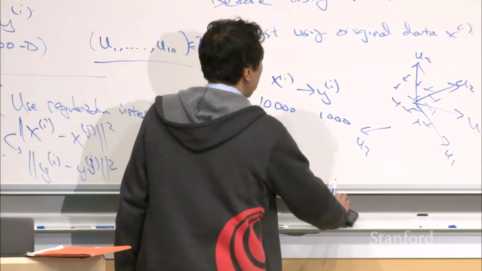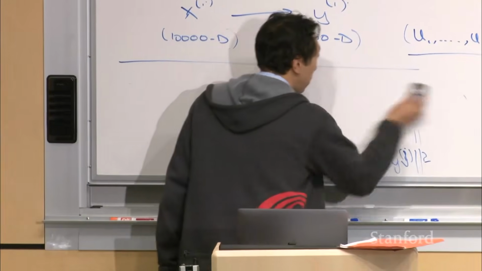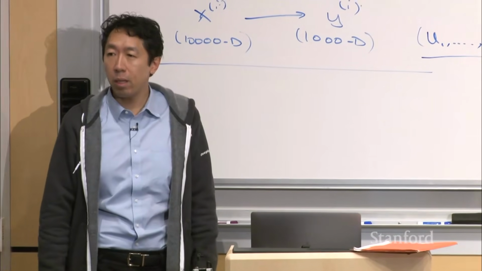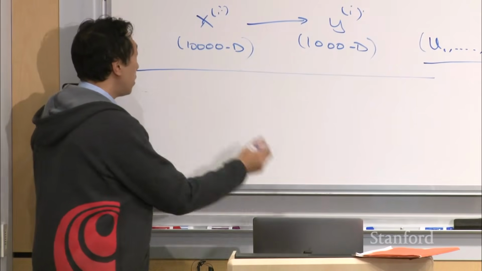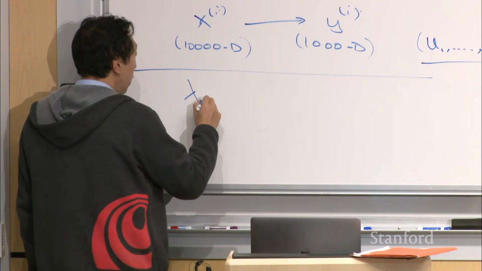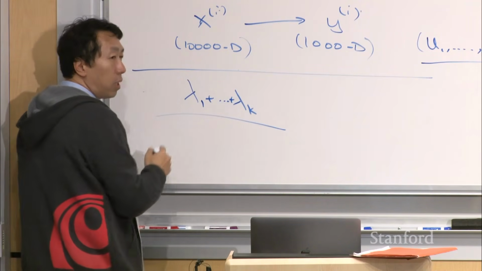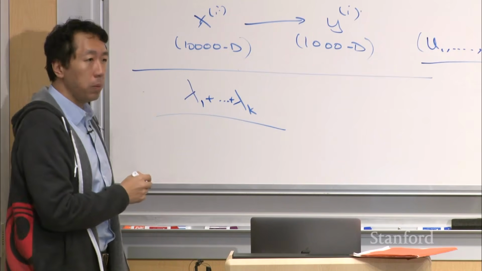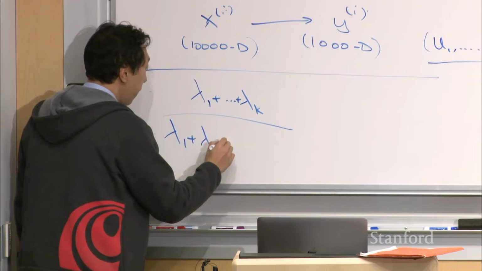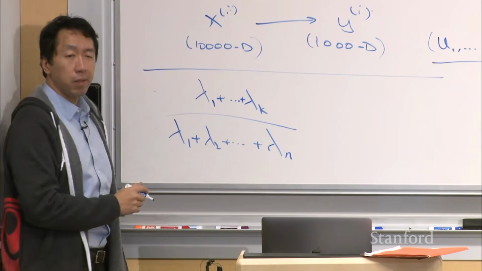There's one last question that I promised to answer, and I'll answer this only briefly, which is how many principal components do you keep? So what is the value of k? It turns out that there's a metric you can compute, which is the eigenvalues lambda 1 up through lambda k, divided by the sum of all of the lambdas, right?